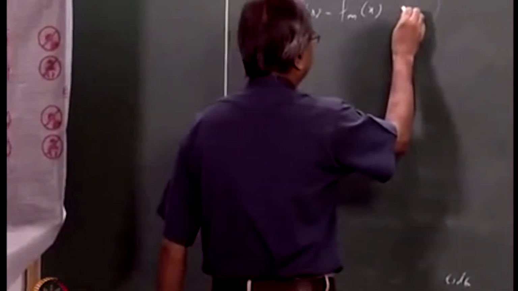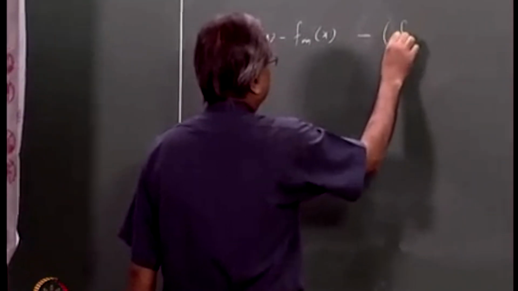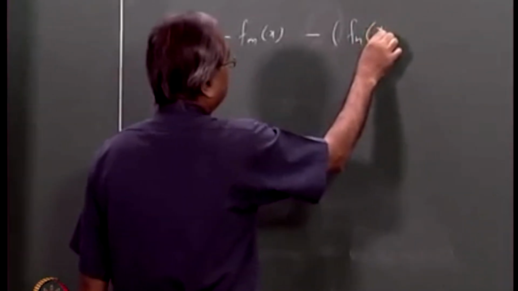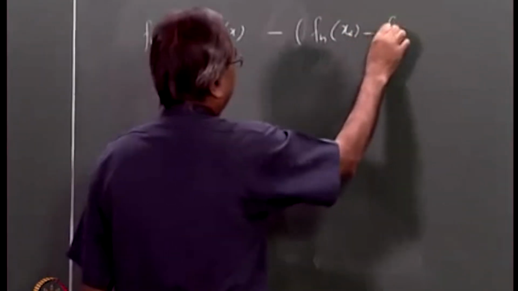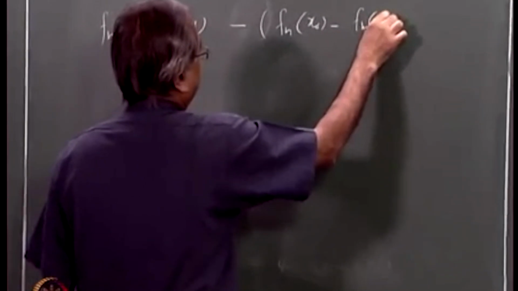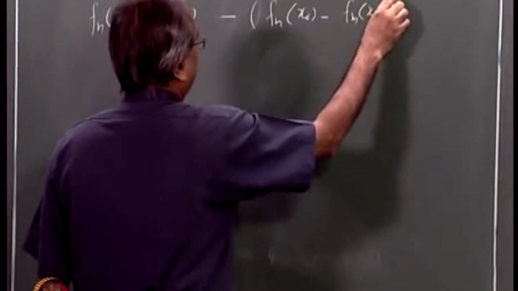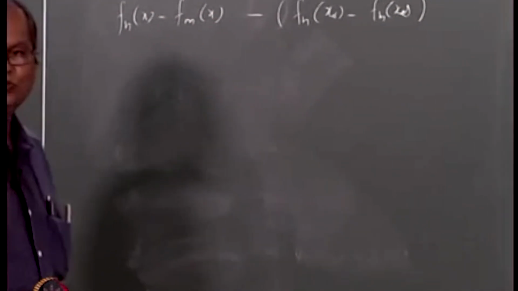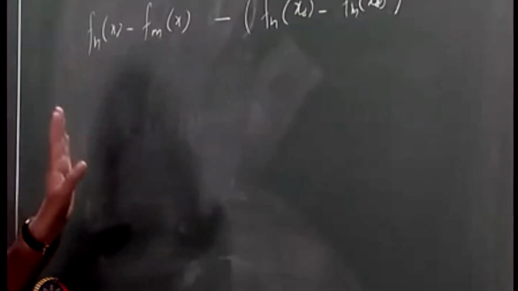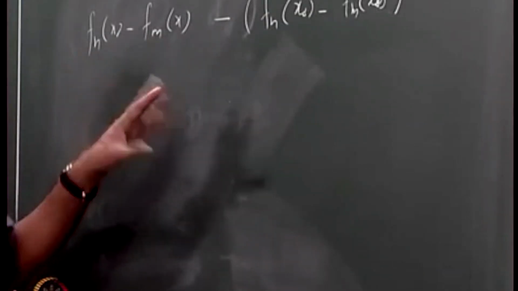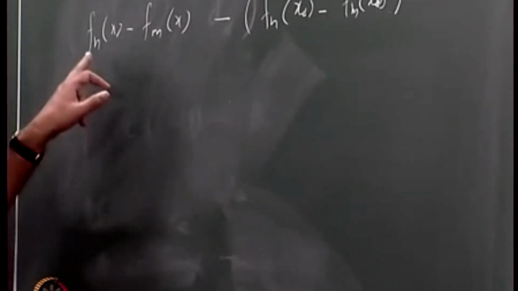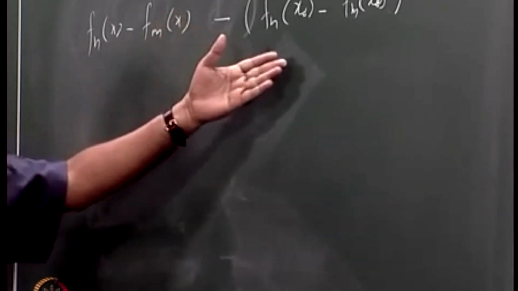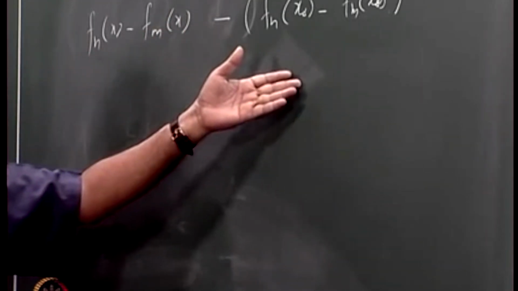We take fn at x naught minus fm at x naught. Suppose we are able to show that this can be made arbitrarily small and independent of x, then it will mean that this is also small, because I am only adding a small quantity here.